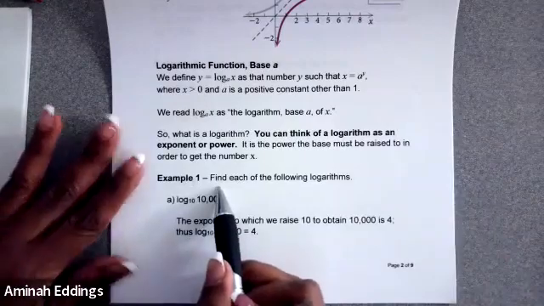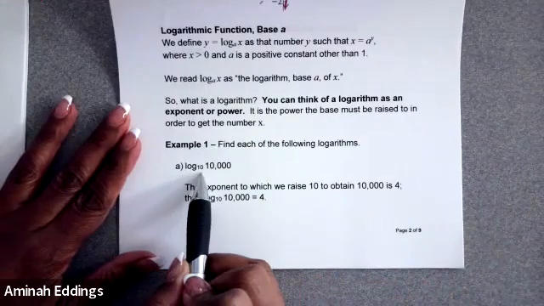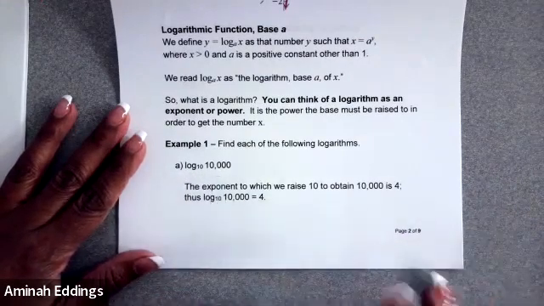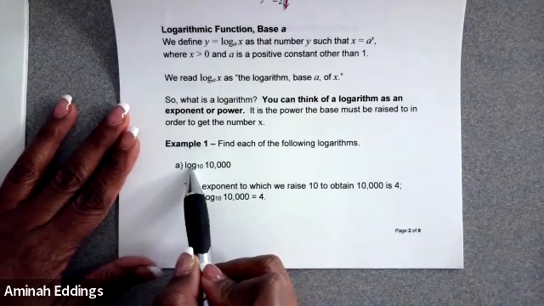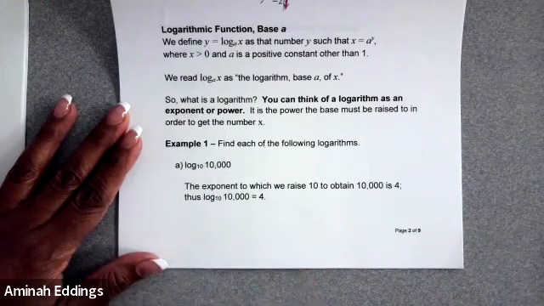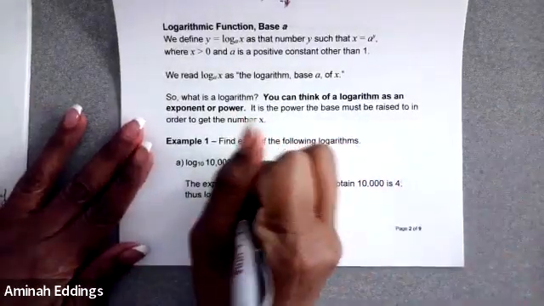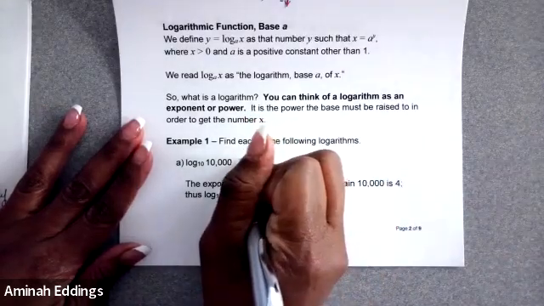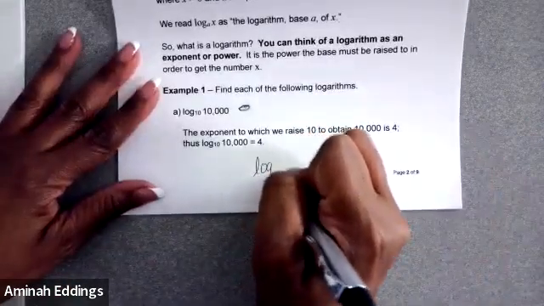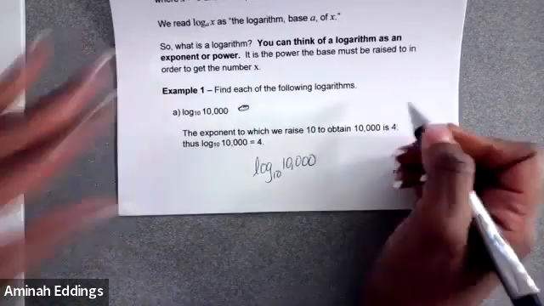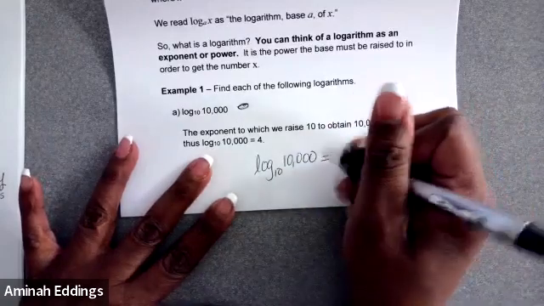Let's look at this example here. Example 1 says to find the following logarithms. And so we have log base 10 of 10,000, okay? So to solve this, we can write this in exponential form. If I have log base 10 of 10,000, right now, this is going to equal x.